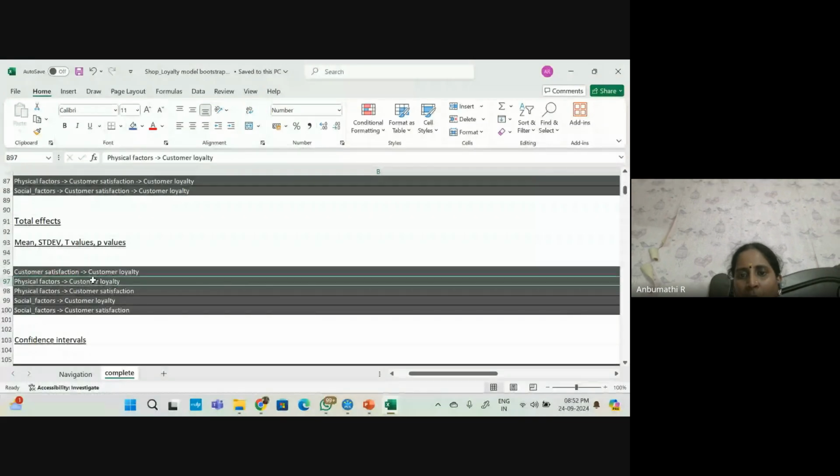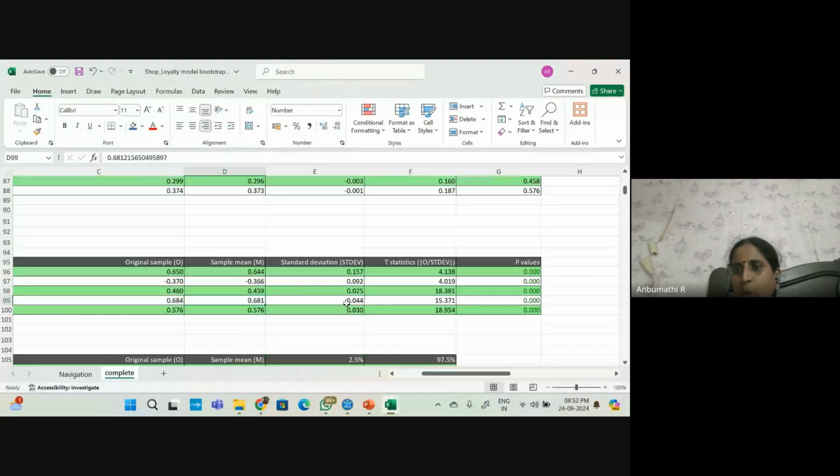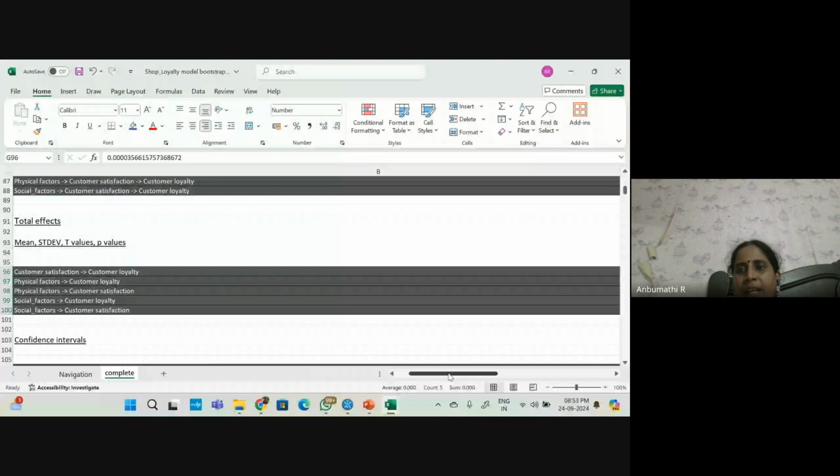When you go on the right side, you can see this p-value. You can see this original sample, mean, standard deviation, t statistics, p-values, right? Is it visible?